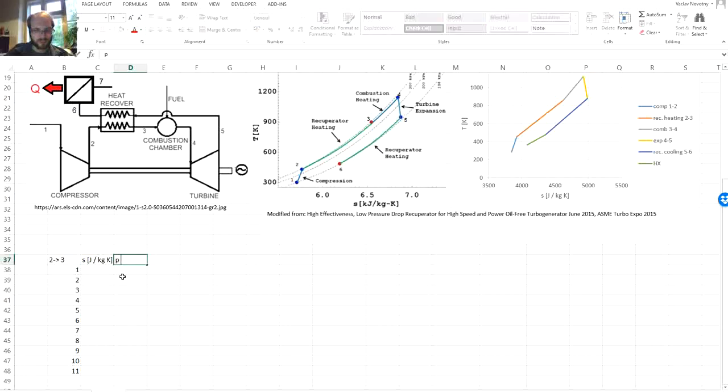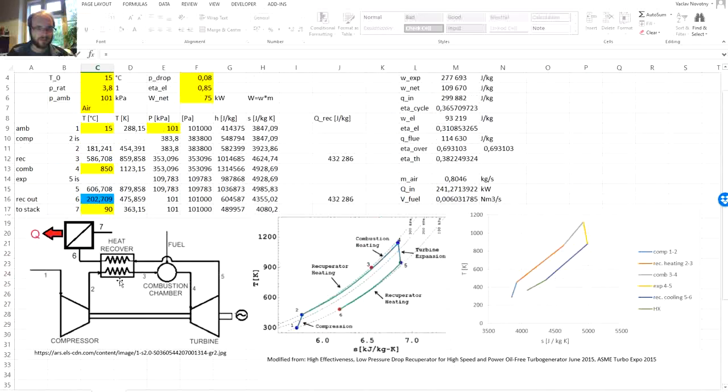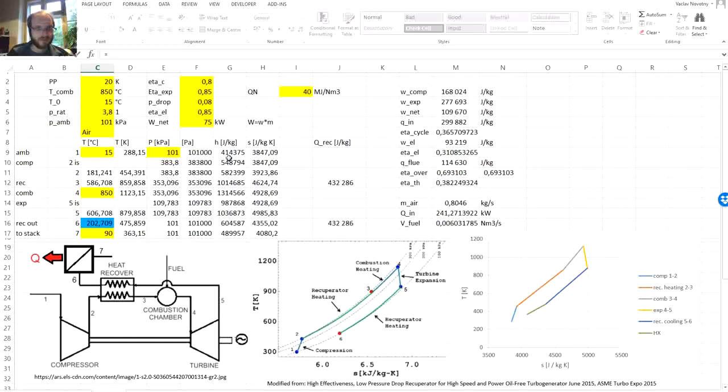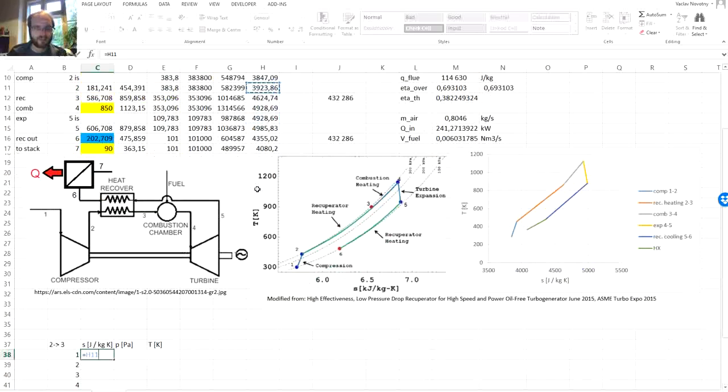We will have the pressure, we can use directly pascals, temperature in Kelvin, and the starting point is the point number 2, entropy at the point 2, which is over here.